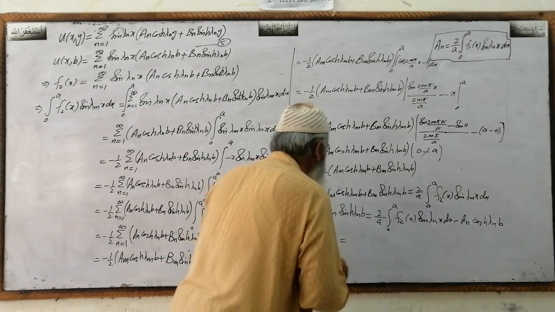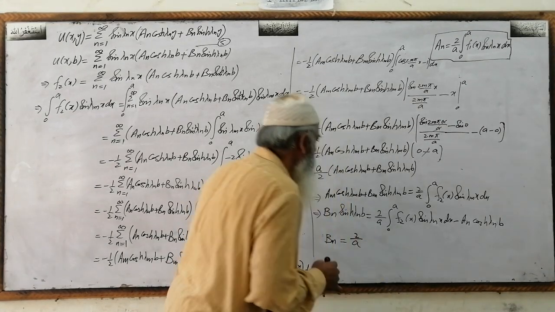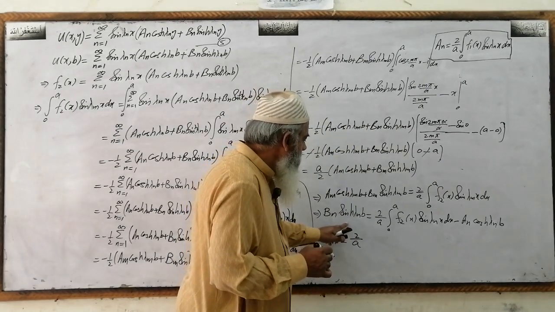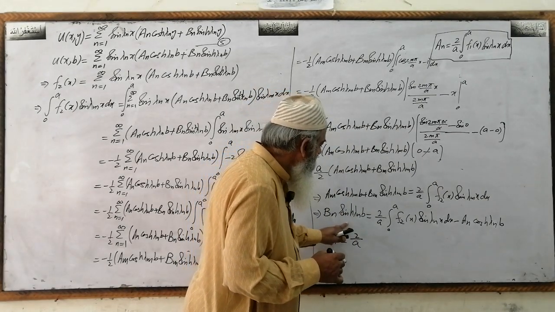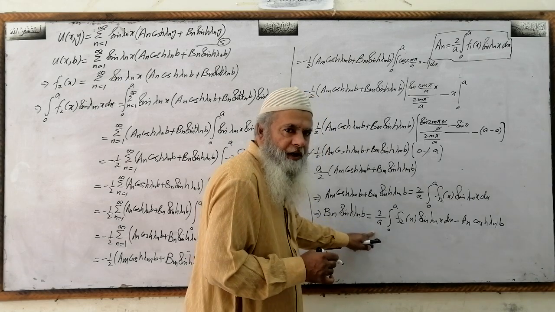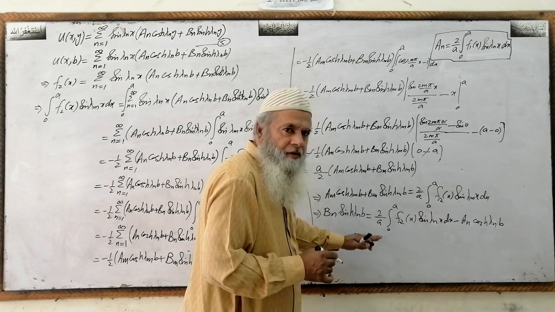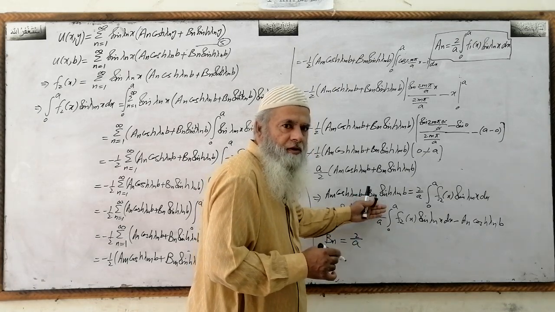bn will be equal to 2 over a, and when this goes on the right hand side, this will be 1 over sin hyperbolic lambda nb. 1 over sin hyperbolic will be equal to cosecant hyperbolic.